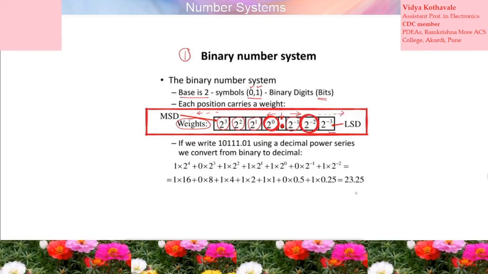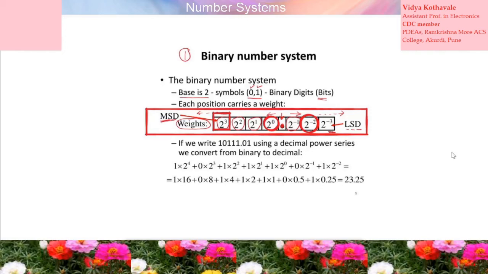The bit towards the rightmost side is the least significant bit in the binary number system, and the digit towards the leftmost side, here 2 raised to 3, is the most significant bit or most significant digit in the binary number system.